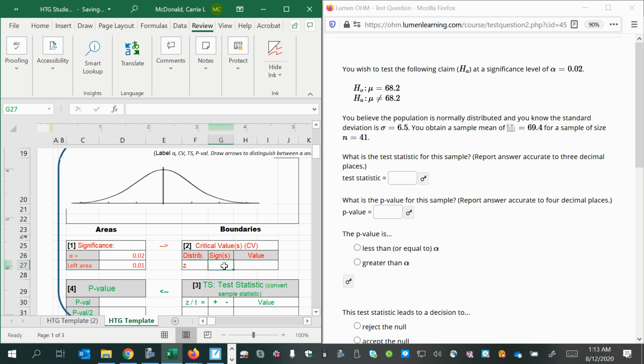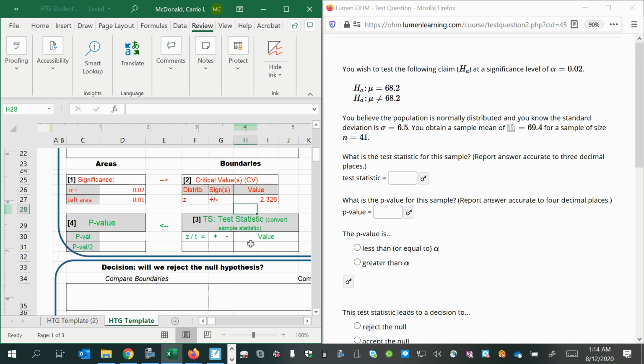We'll have a plus and a minus. And we'll use norm dot inverse with the left area, mean of 0, standard deviation of 1. And let's make that positive. So we'll use the absolute value symbol. So we have two critical values. We have plus and minus 2.326.